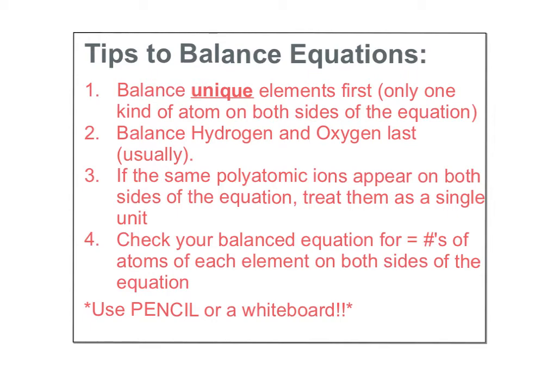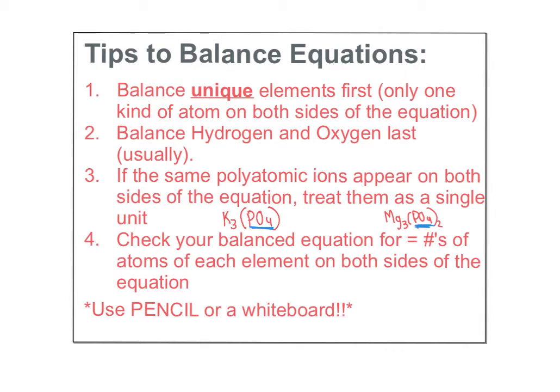If there are the same polyatomic ions on both sides, I actually treat them as a unit and as a group and balance those instead of breaking it apart. For example, the polyatomic phosphate PO4, if that's in a formula on one side and I also have it on the other side, what I'm going to do is balance how many PO4s over here, how many PO4s over here.